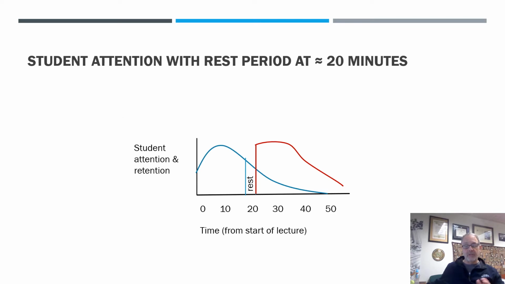What we can do is stimulate a rejuvenation, so to speak, by providing a rest period around 20 minutes or by providing a switch in the learning experience. In other words, moving from a lecture by the professor to the students having some time to do a little bit of group work based on a specific question.